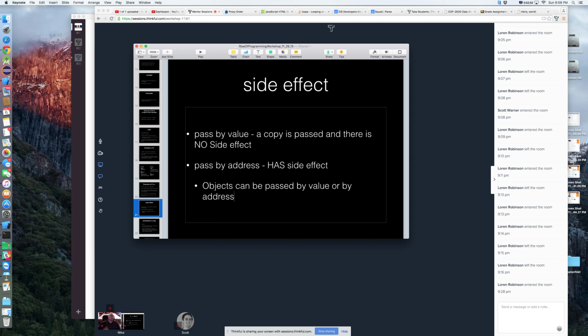So we used the example a few minutes ago of our house object. And that house object, if passed by value, is going to be very expensive. It would no longer have side effect, but in terms of the amount of memory that a house takes up, it's going to be costly. Okay? It weighs a lot. Now, every now and then, a programmer might say, you know what, I have an object that I've created, and I want that object to be passed by value.